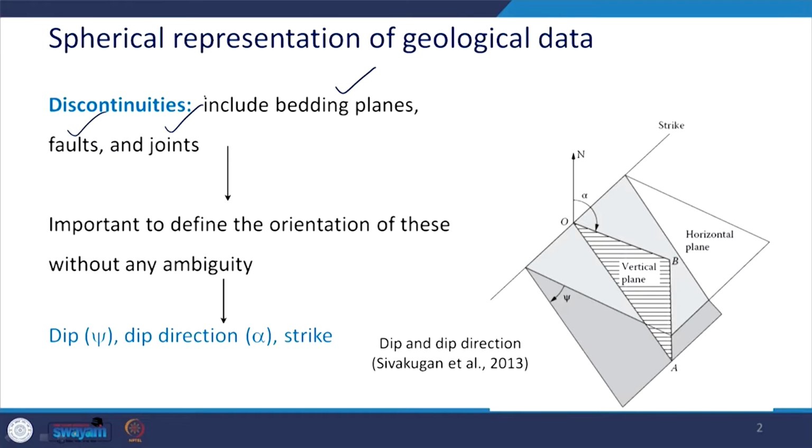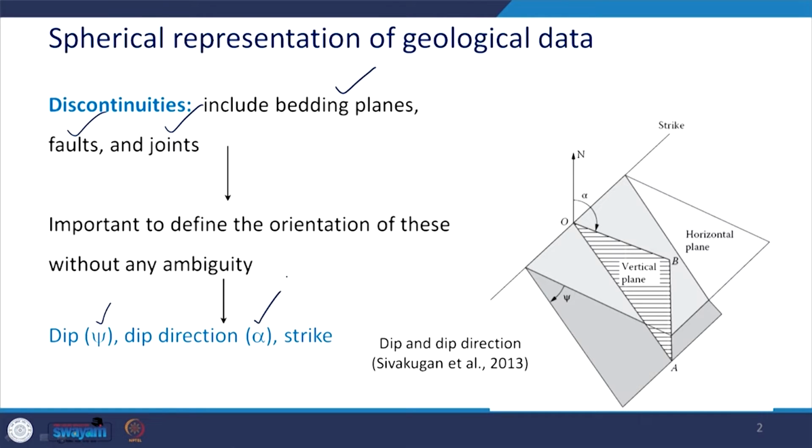It is important to define the orientation of these without any ambiguity, and we have already seen that to define the orientation of these discontinuities, what we need is dip, which is represented by the angle psi, dip direction represented by angle alpha, and strike.